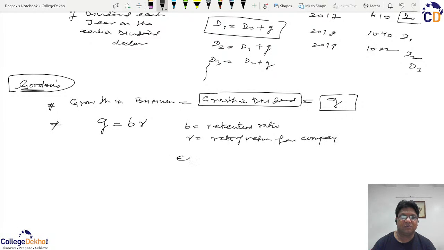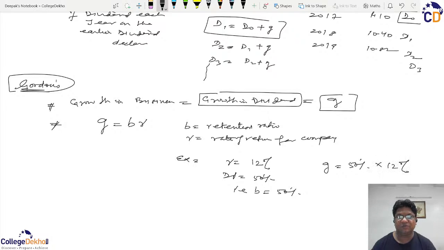So if, for example, the rate of return for a company is 12% and the DP ratio is 50%, it means the retention ratio is also 50%. So here G will be equal to the 50% retention ratio multiplied by the 12% rate of return, and hence this G will come out to be 6%.